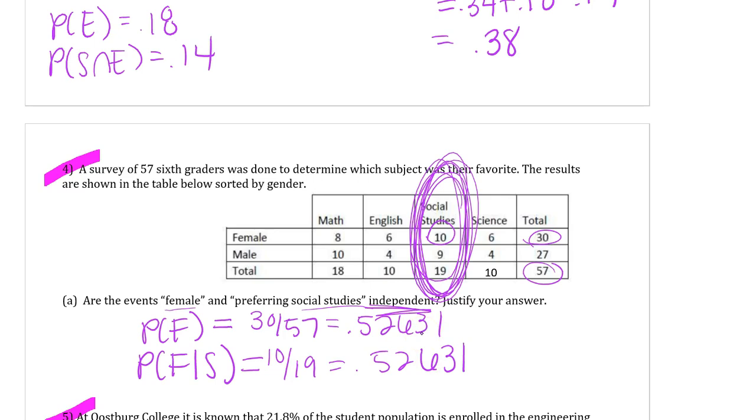I always think about this as: I added extra information here, and it didn't influence the original probability of just being female. So therefore, preferring social studies has no influence on being female. So therefore, they are independent. And when it says justify your answer, that's what I just did. I showed my work, and I said whether or not they were independent.